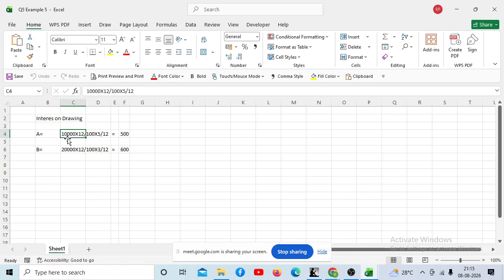A's interest on drawing will be 10,000 because he has withdrawn 10,000, 12 upon 100 as 12% is given in the question, and 5 by 12, how it came: because he has withdrawn on 31st of July, July month will not be counted. From August till December, it comes to August, September, October, November and December, that is 5 months. So 5 upon 12, and the answer comes to 500.